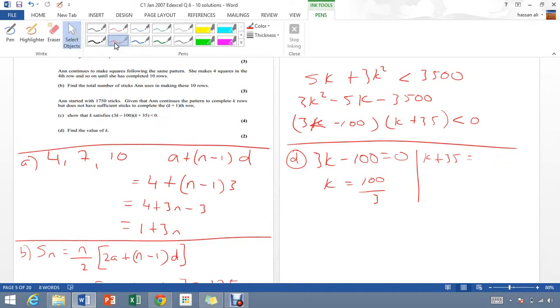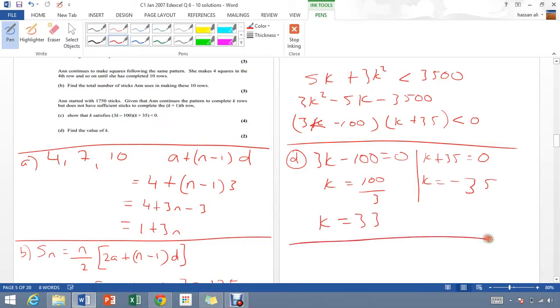Right, k plus 35 is equal to 0, and therefore k will equal minus 35. Now we can't have minus 35 sticks, so therefore your answer will be, because 100 divided by 3 is 33.3, we'll just say k is equal to 33. That'll be your answer there.